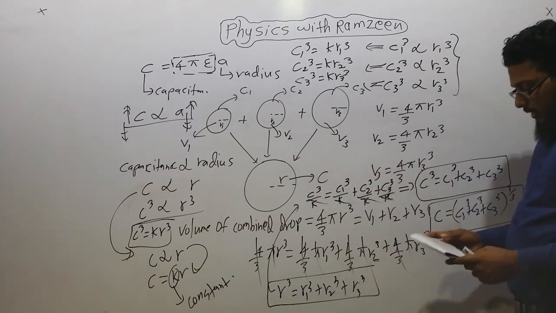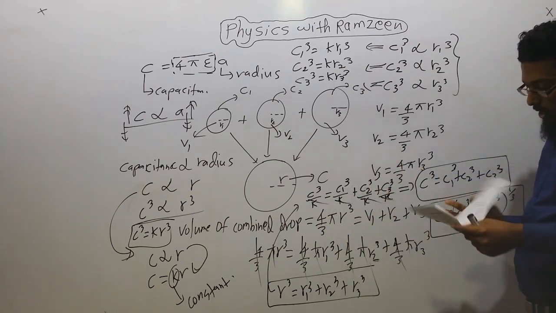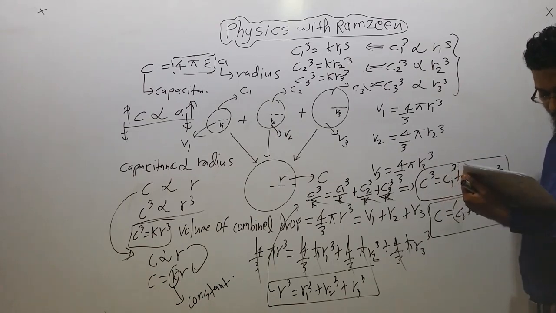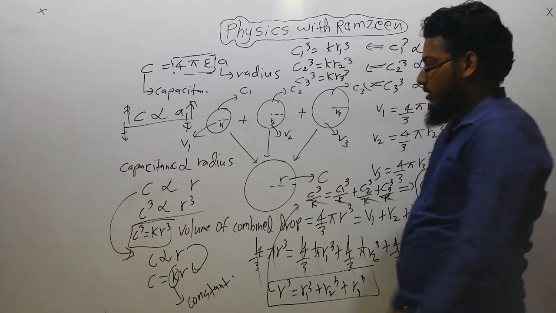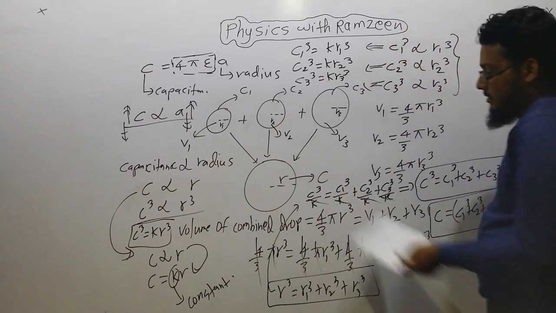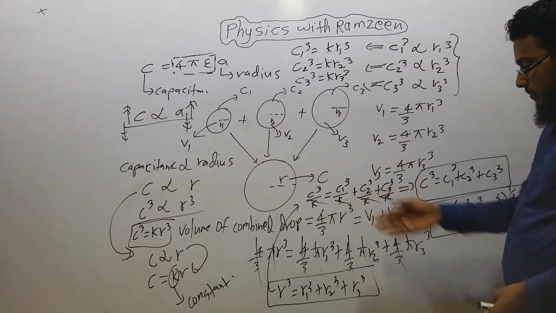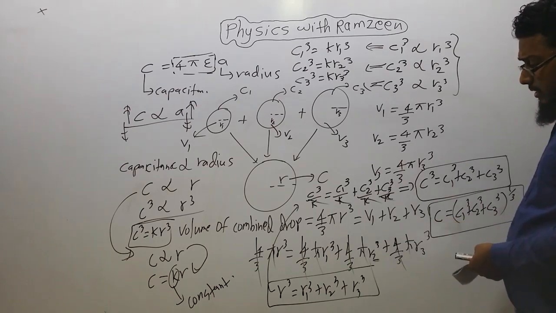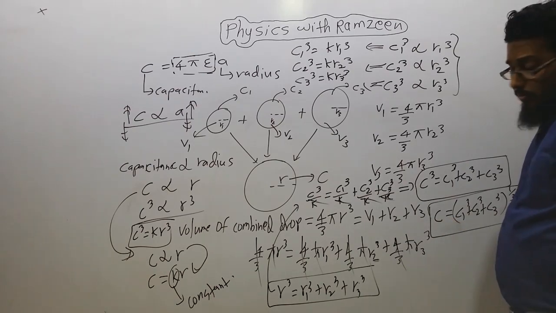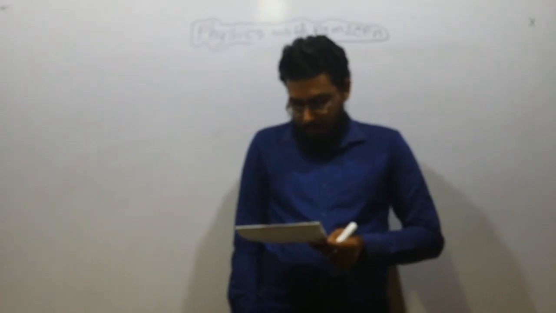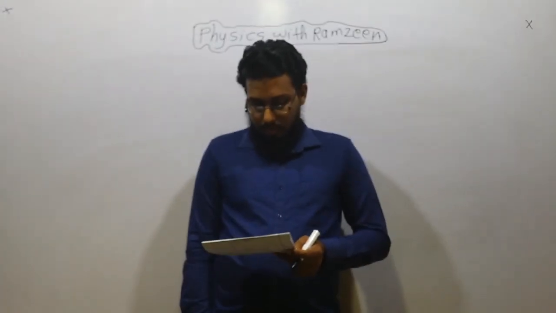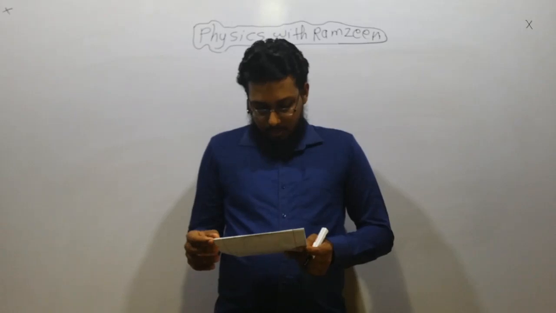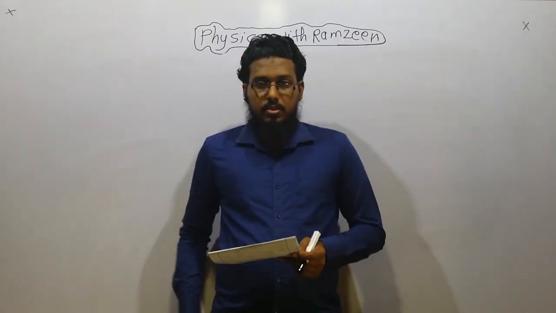Next we have to understand how we can eliminate some of the answers from the given five answers. First you understand, read them carefully and write them down. I think we all have understood the question and the derivation of the capacitance of the combined drop, right?